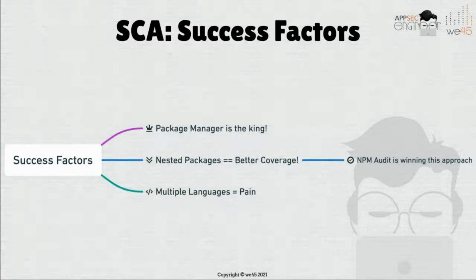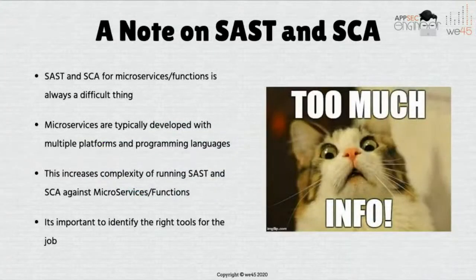But at the same time, if you are moving towards a microservice style architecture, and if you're following polyglot development, right, so if you're using multiple languages, it's going to be a pain to integrate this because you're going to have to find different tools for different languages and integrate all of this.